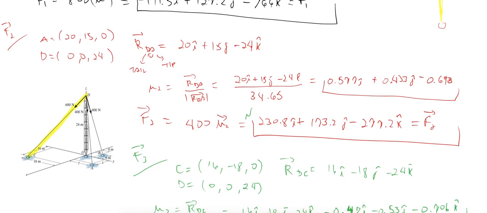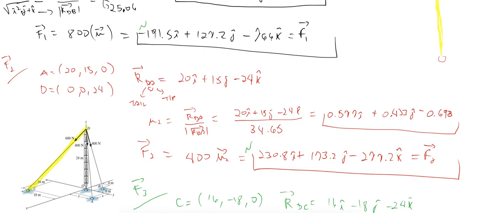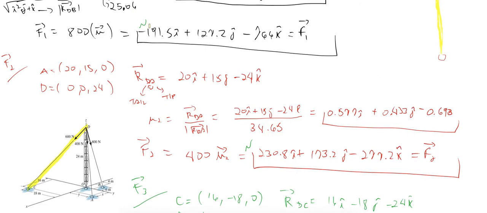All right, so now we just add all these up, right? So the force resultant is going to be equal to F1 plus F2 plus F3. We're going to add I's with I's, J's with J's, K's with K's. So F resultant, I don't know why I called it F3 here, is equal to, and I'm just going to highlight it and punch it in my calculator to save us some time.